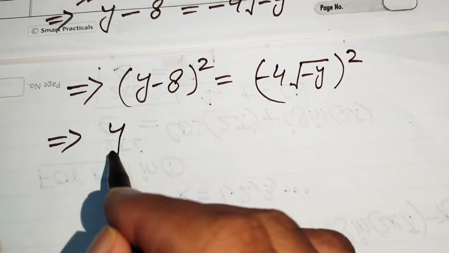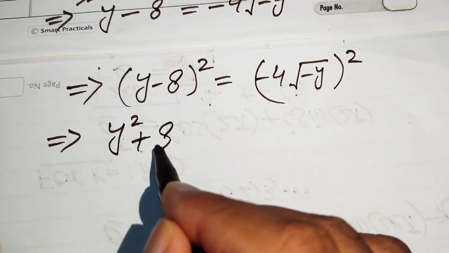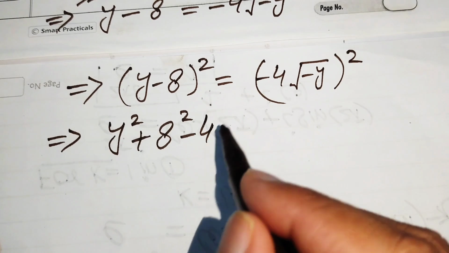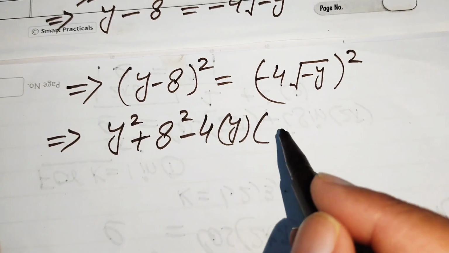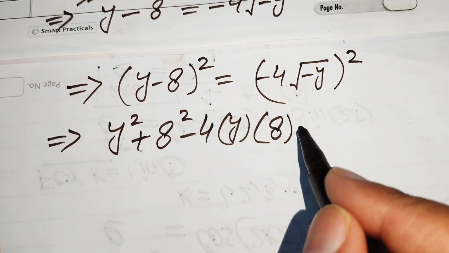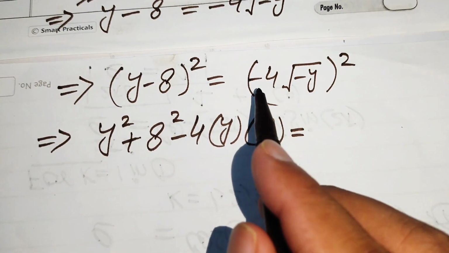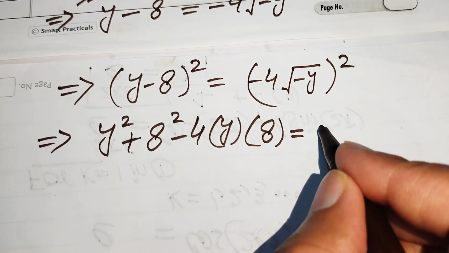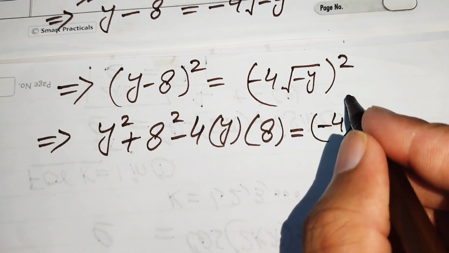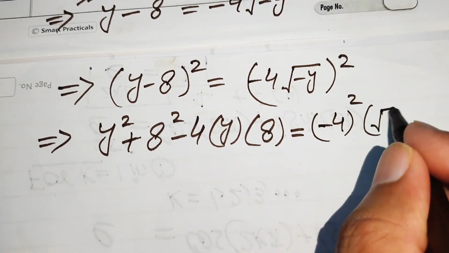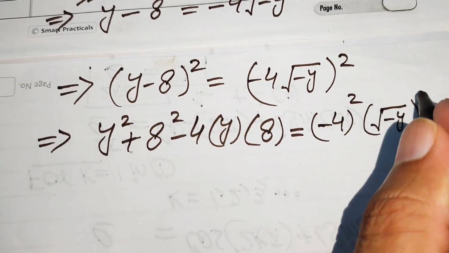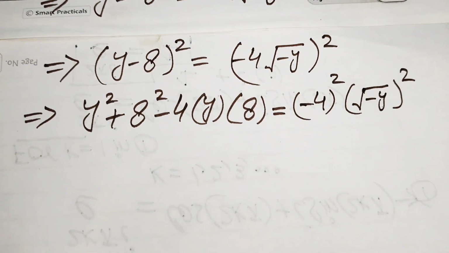So it will be written as y square plus 8 square minus 4 times y into 8 equals, here we separate the square on this term and this term as well, so it will be written as minus 4 square into the square root of minus y and its whole square.